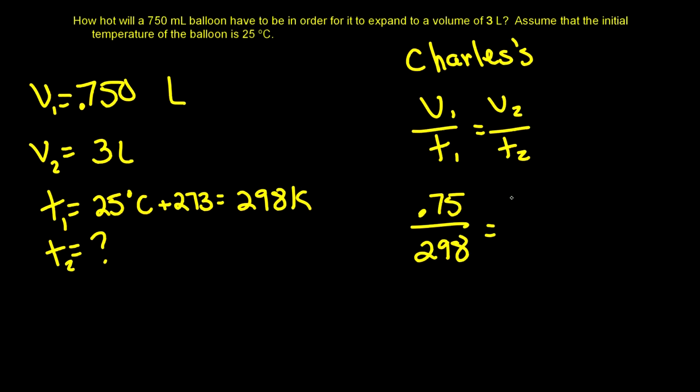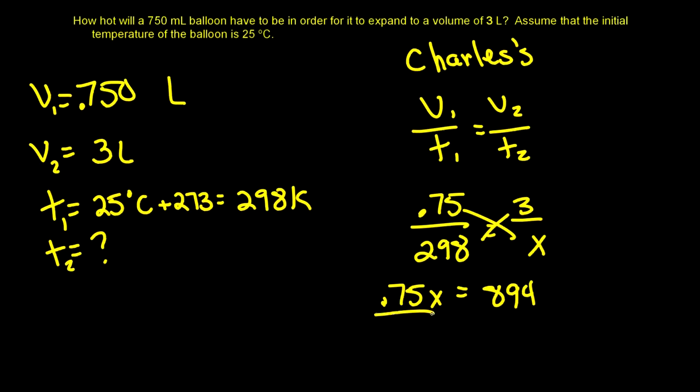My new volume is 3. And I'm looking for the new temperature. So that's x. Now we cross multiply 0.75 times x, 0.75x. And I got 298 times 3, and that gives me 894.